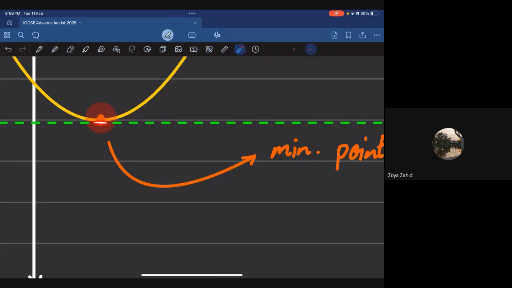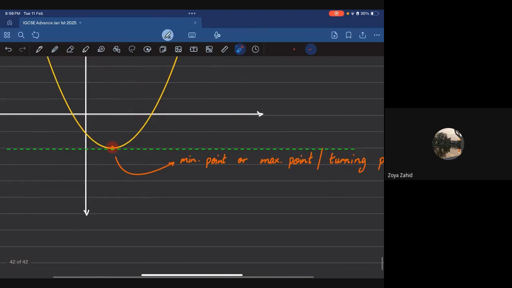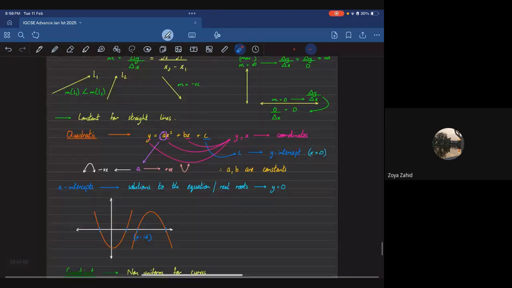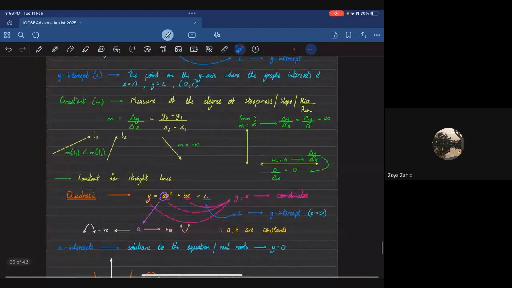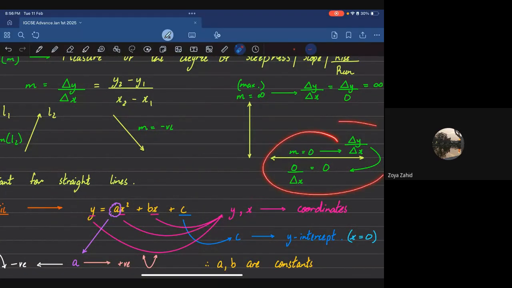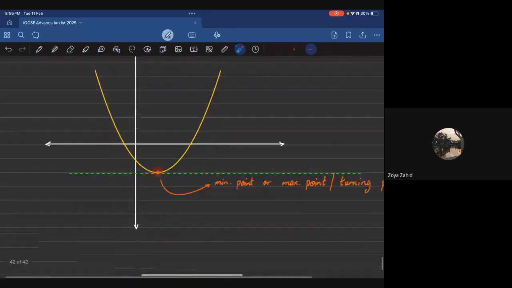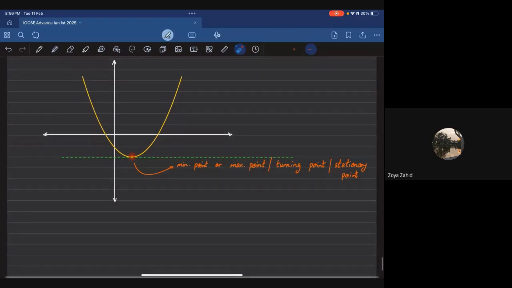The tangent is touching this point, and we already know, from a few classes ago, that a perfectly horizontal line has the gradient equal to 0. So at the minimum or the maximum point or the turning point or the stationary point, your gradient is equal to 0. Is this clear, guys? At this particular point, your gradient is equal to 0.